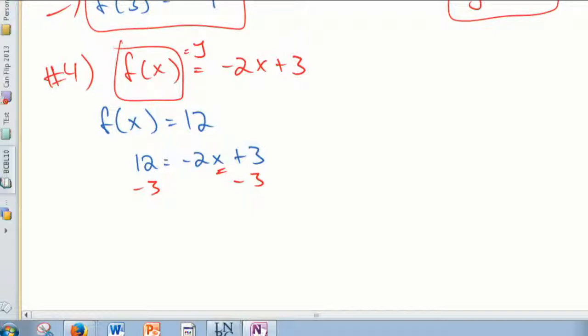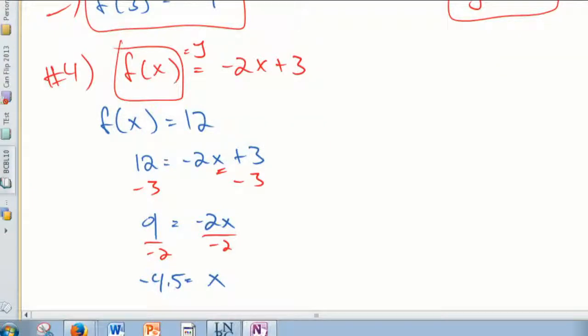Still didn't work out like I was hoping. Oh well. 12 minus 3 is going to give me 9, is negative 2x. And then I'm going to divide by negative 2 on both sides. And I'm going to end up with negative 4.5 is equal to x. Now that is function notation.